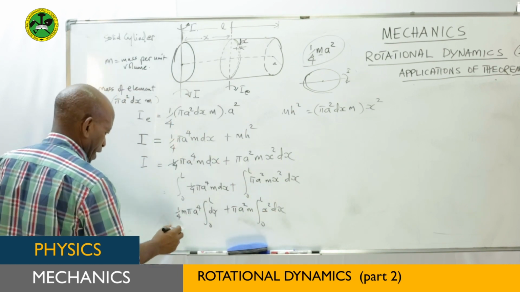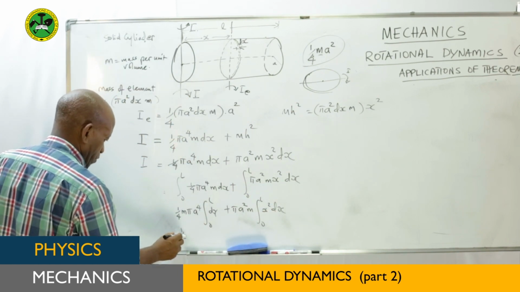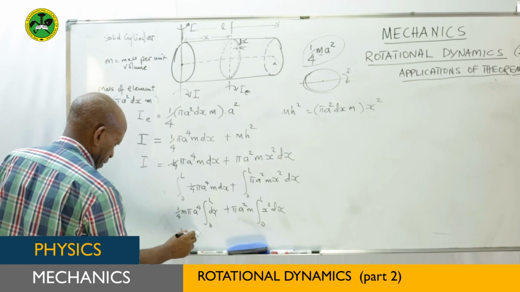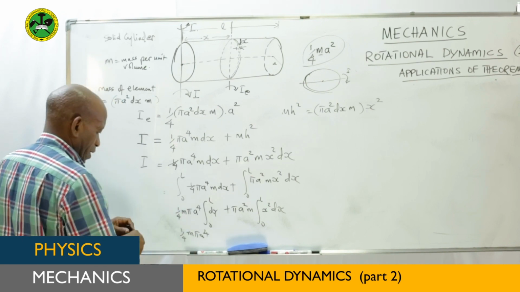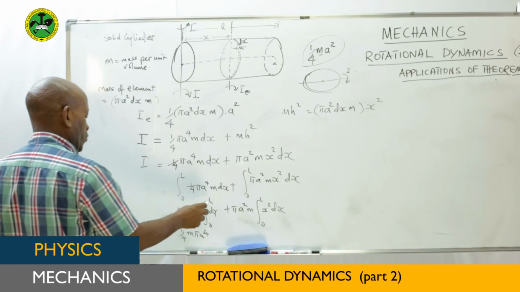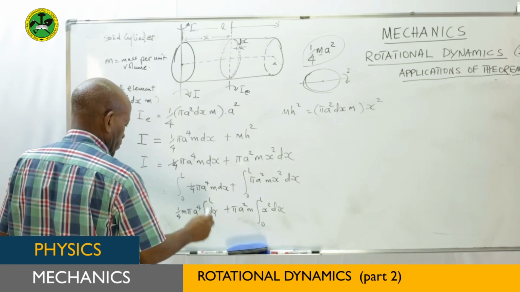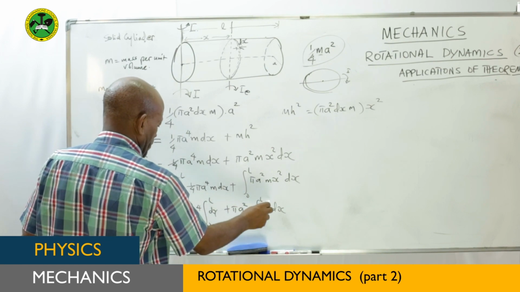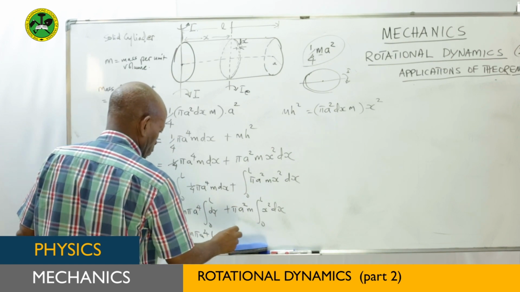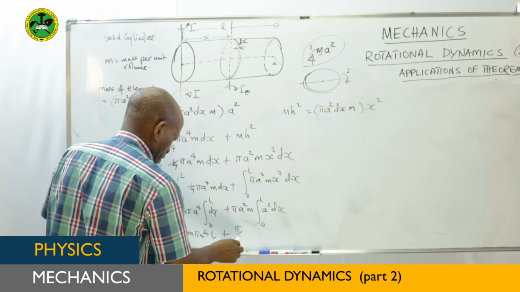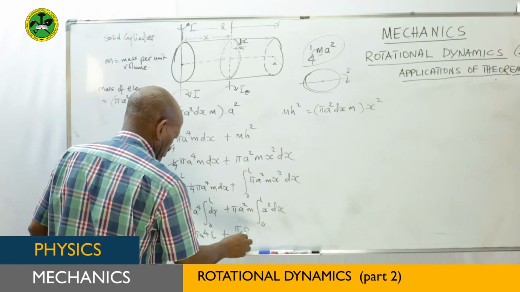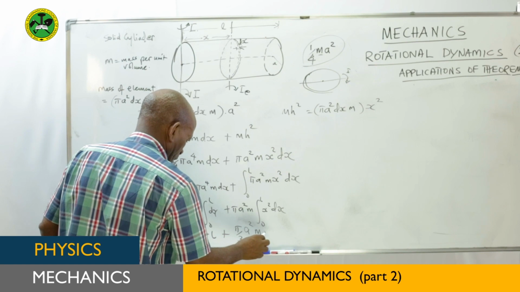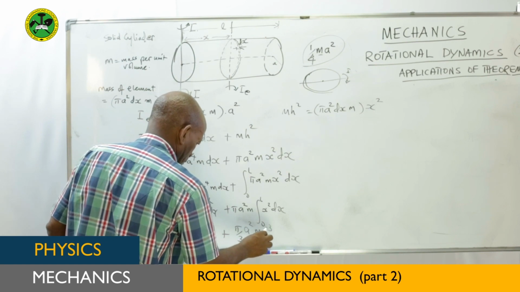So integrating here, we're going to have 1 over 4 m pi a power 4, and here we'll have x, substituting from 0 to L, we get L, and here we have x power 3 over 3, so it'll be equal to pi over 3 a squared m L power 3.